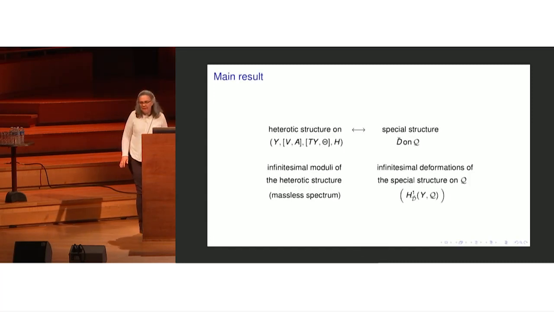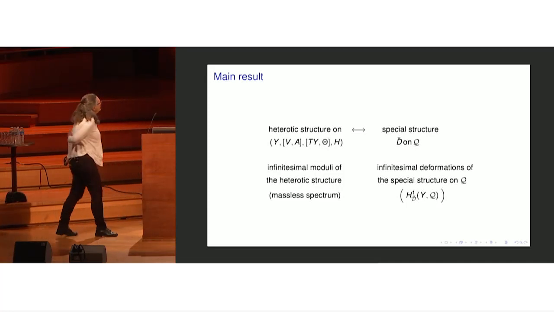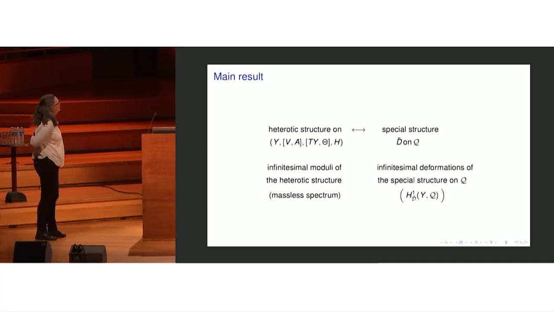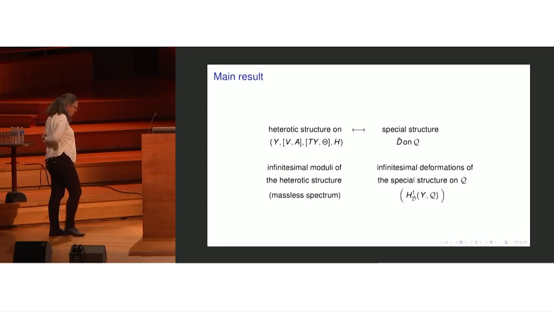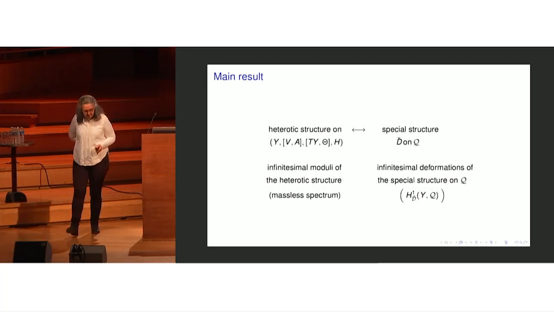So the summary, the main result that I told you today: we have these heterotic structures, meaning that we are preserving one supersymmetry in space-time.